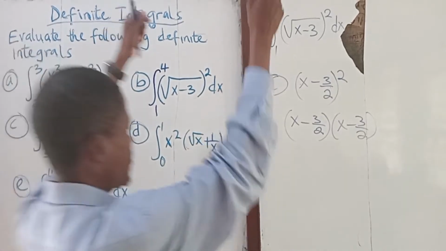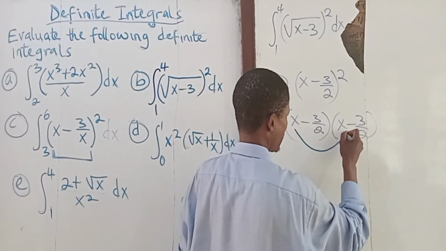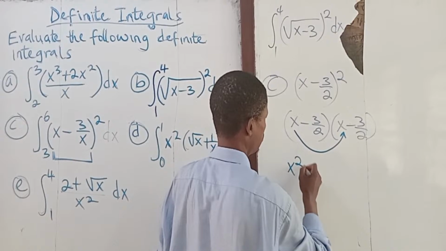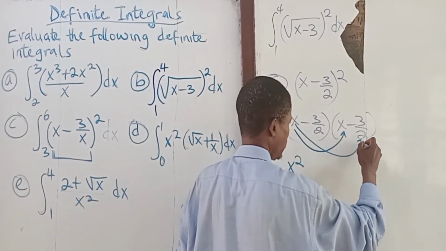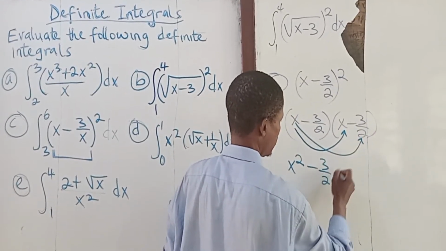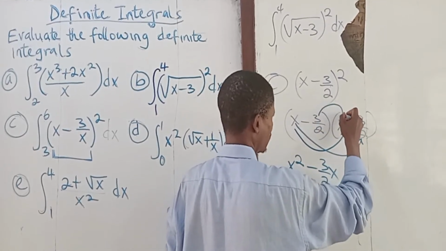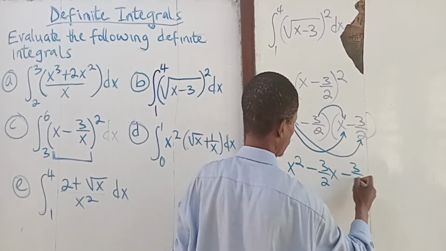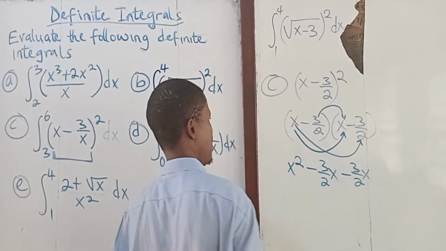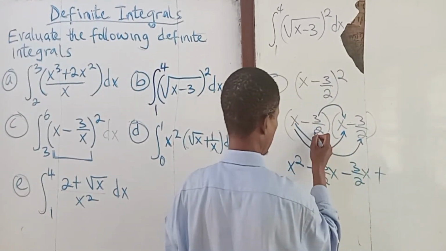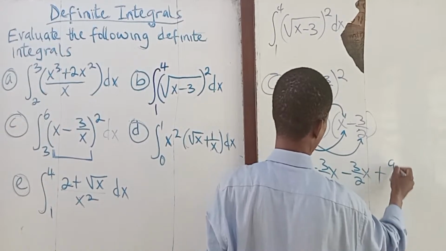So let's do the expansion. So this one, we multiply this one, that will be x to the power 2. This one again times this one, that's minus 3 over 2x. Then this one times this one, that's minus 3 over 2 x. And then finally, plus 3 over 2 times 3 over 2, that's 9 over 4.